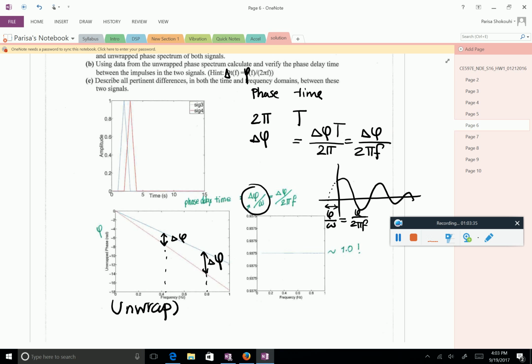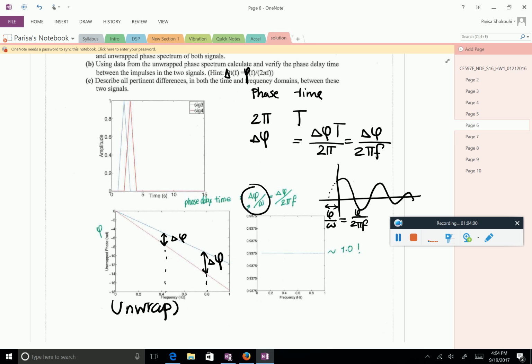When you take the phase of the Fourier transform and you unwrap it, you see one and the other. And you see that with frequency, the phase difference between them grows.